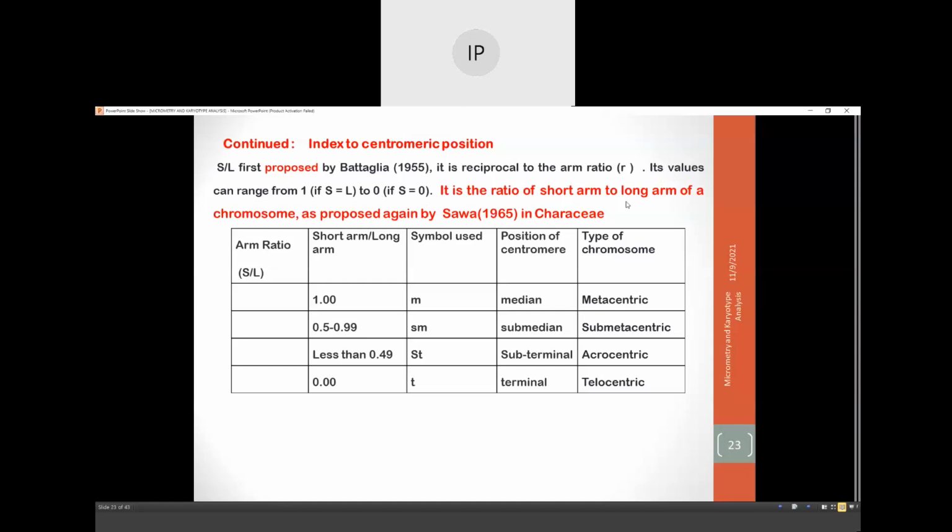It is the ratio of short arm to long arm of a chromosome, as proposed again by Sava 1965 in karyotype, and according to this the chromosomes can be with median centromere, submedian centromere, subterminal and terminal, having the ratio 1, 0.5 to 0.99, less than 0.49 and 0. And the chromosomes are known as metacentric, submetacentric, acrocentric and telocentric.